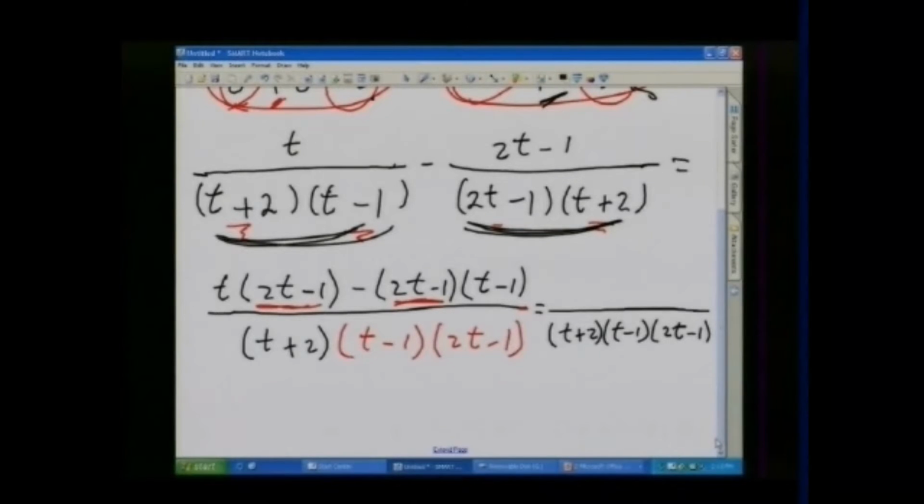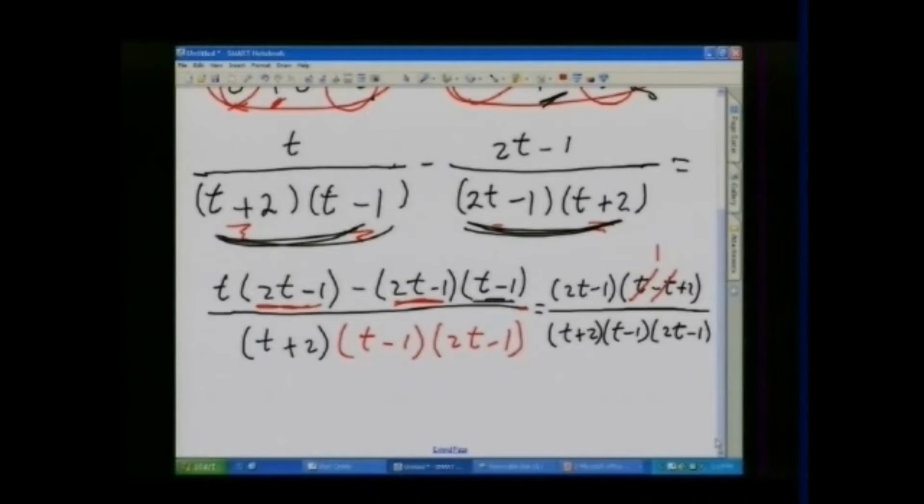The numerator, you can factor out this term. So 2t minus 1. If you factor that out, from the first term you would have t. From the second term you would have minus this term here, which would make it minus t plus 1. Now you can see this t and this minus t would cancel, so all you have here is a plus 1.